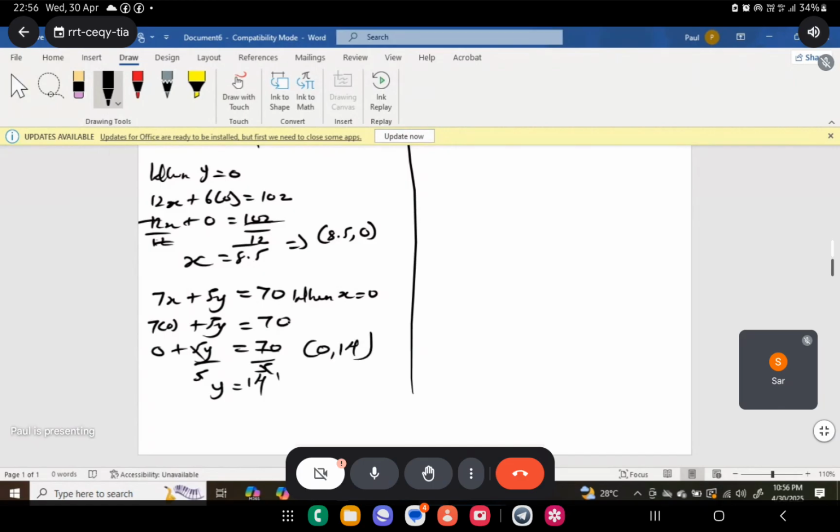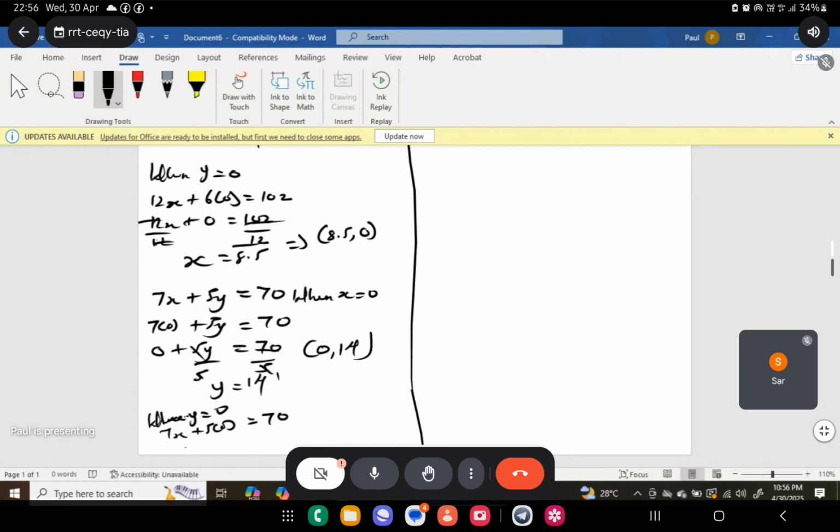Then we do the same thing for the second one. So that one too, we say when y is equal to 0. So 7x plus 5 bracket 0 being equal to 70.